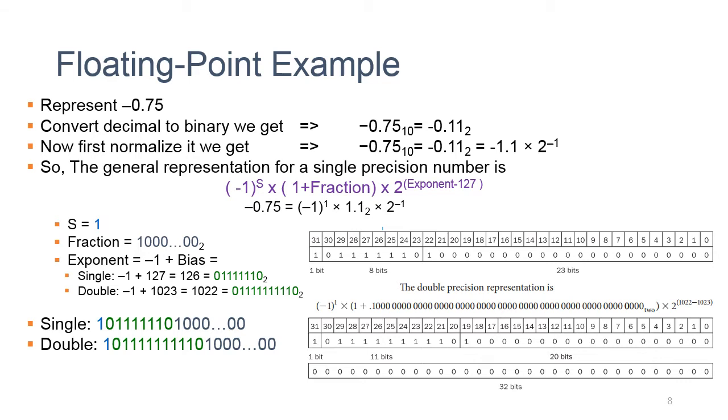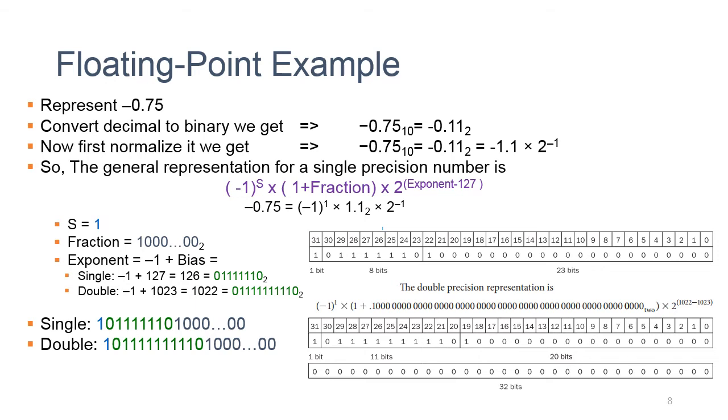Let's understand it with an example. In this example, we want to show the IEEE 754 binary representation of the number -0.75 in single and double precision. First of all, we convert the decimal number into a binary number, and we get -0.75 equal to -0.11 in binary.